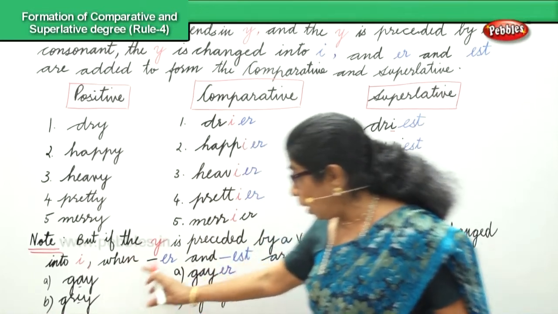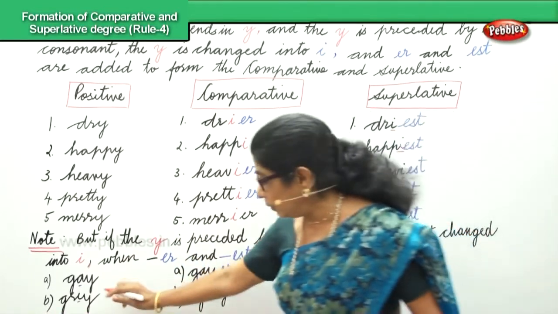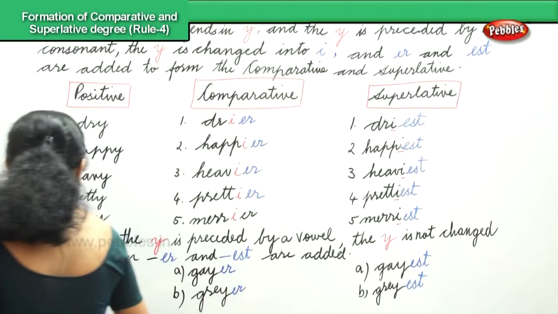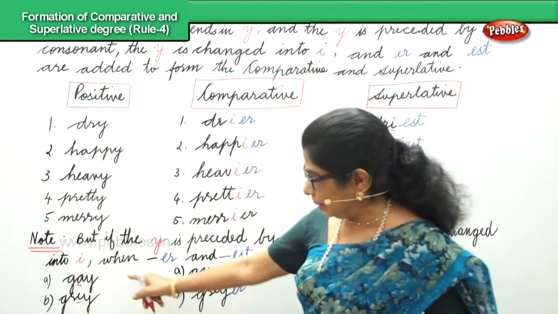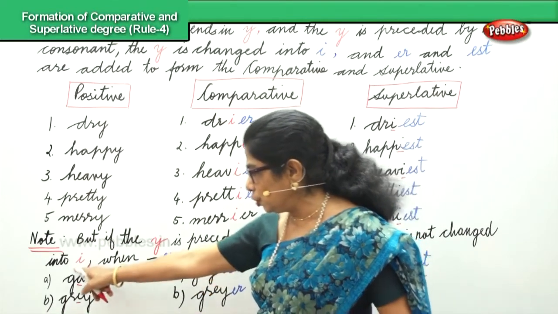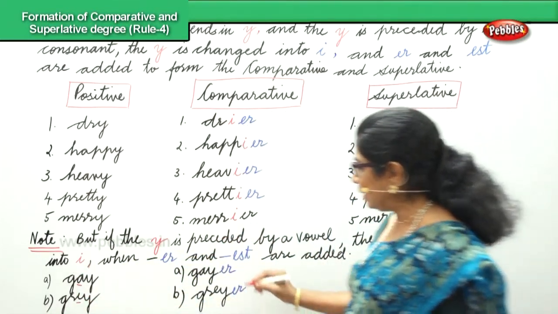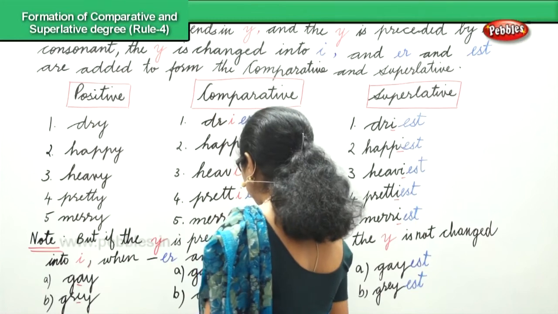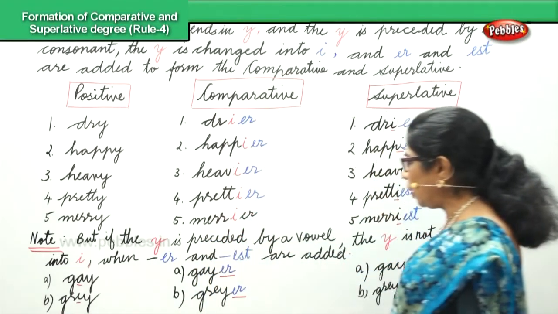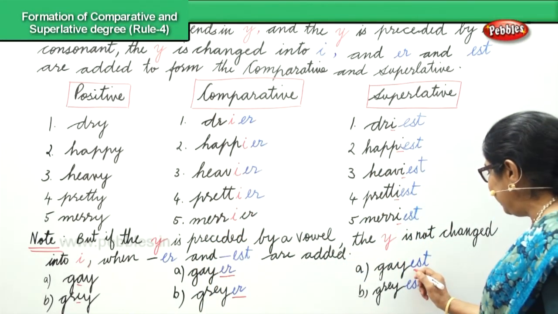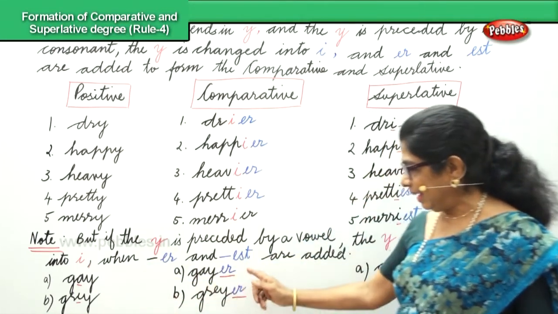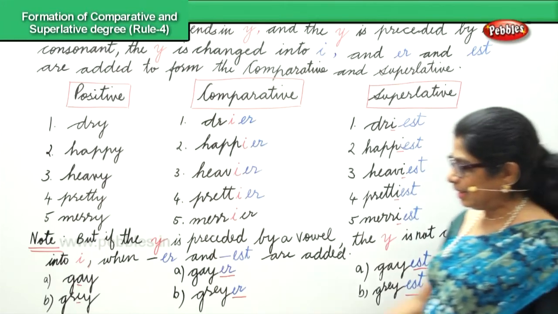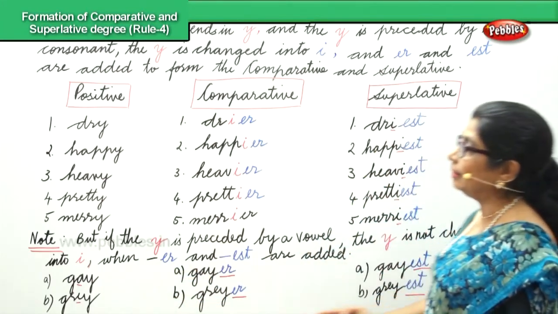If the Y is preceded by a vowel, E and A being the two vowels here, in that case the Y is not changed into I. You simply add ER to form the comparative. You add EST to form the superlative, like gay, gayer, gayest, grey, grayer, greyest.